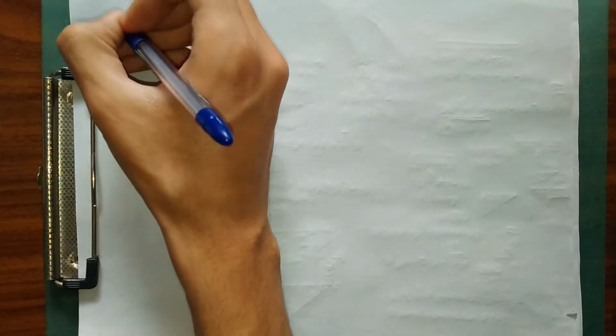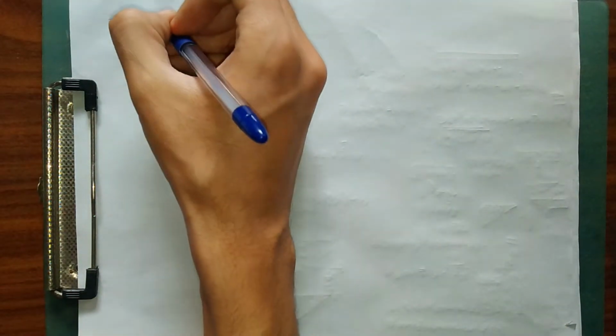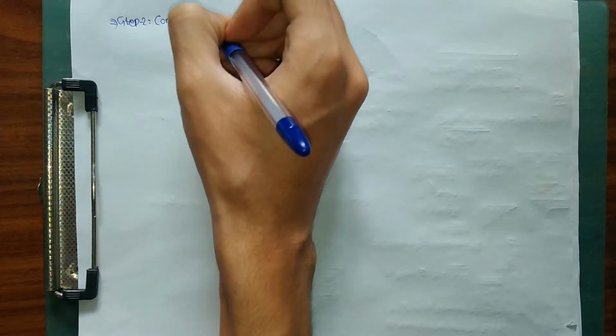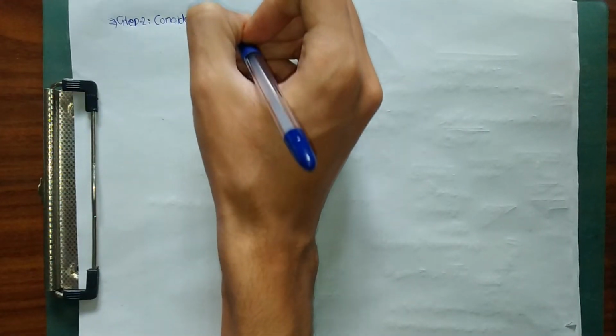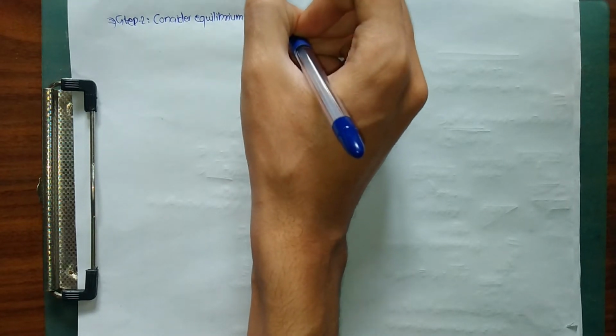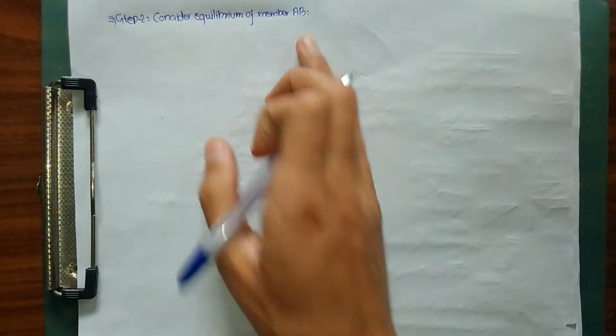So for our step 2, we are going to consider equilibrium of member AB. Let me draw my member AB over here.